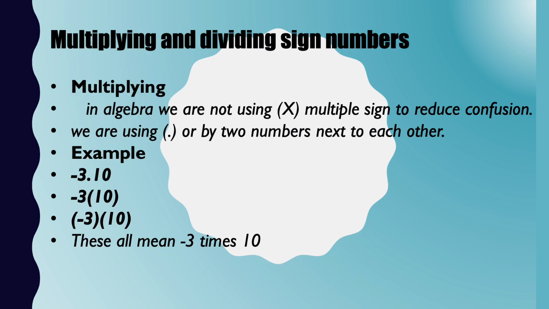Now we are going to talk about multiplying and dividing signed numbers, how we are going to do it. In algebra, we are not using the multiply sign, because if you use the multiply sign, it gets confusing. To reduce confusion, we are not using the multiply sign.